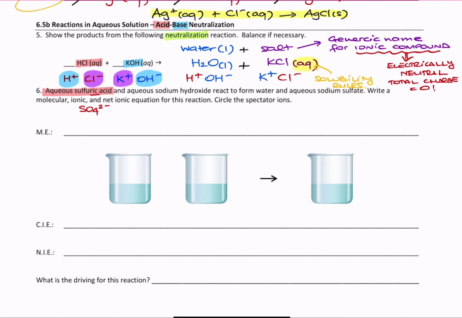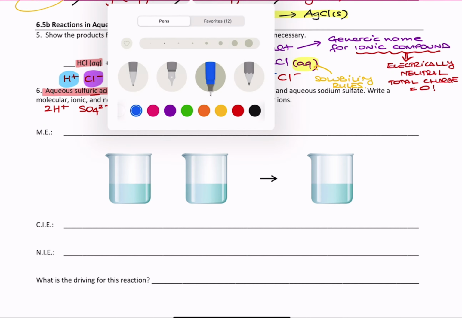Because I have a magnitude of the charge of 2, I will need 2 of the H pluses to neutralize the charge. This is combined with a base that is aqueous sodium hydroxide.